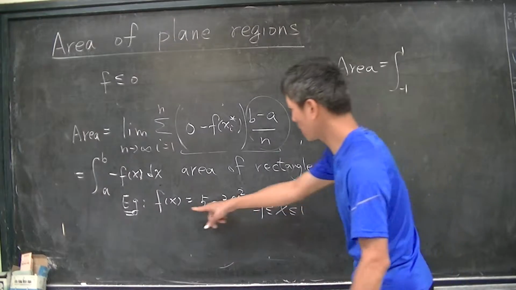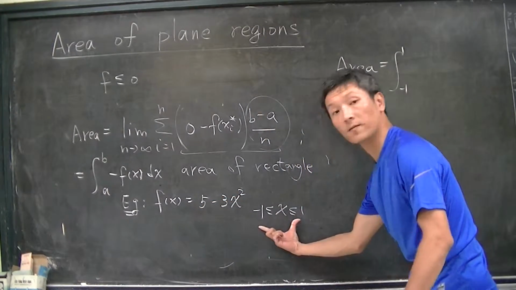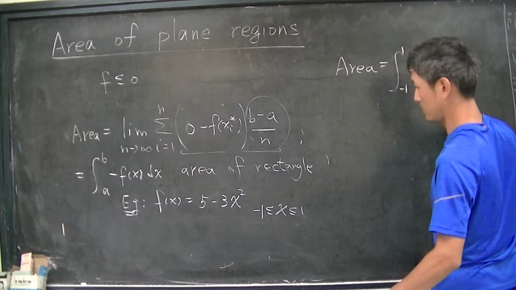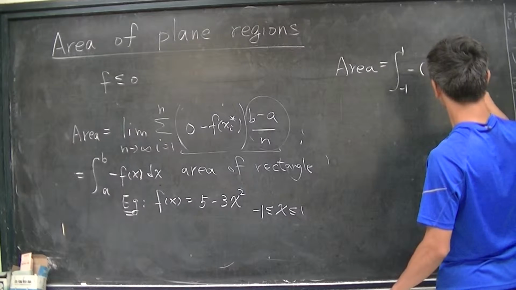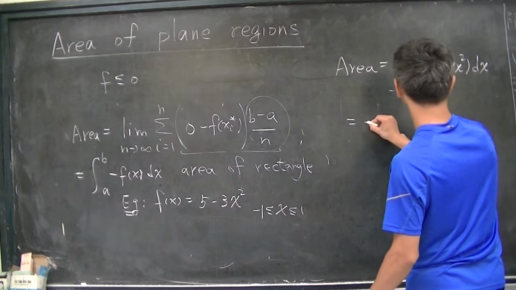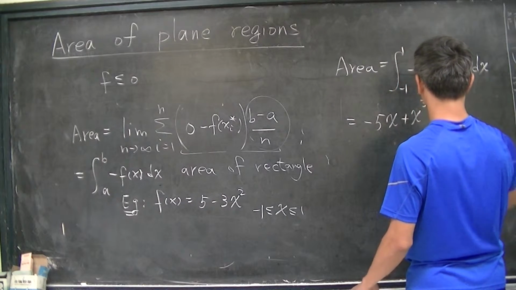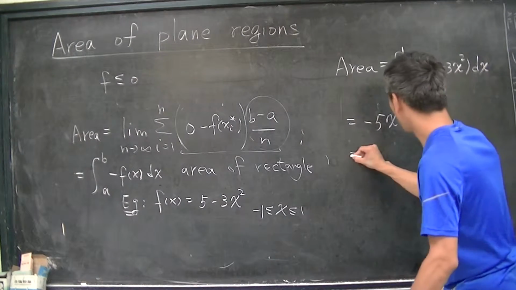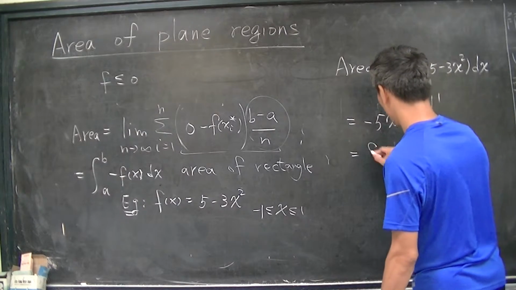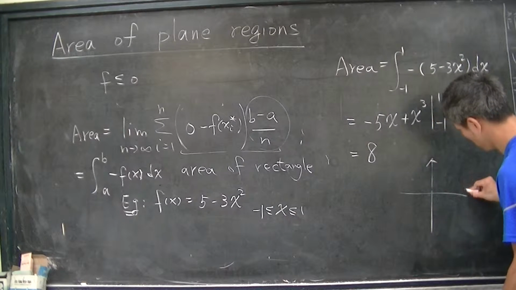Because f is negative on this interval, we need to integrate the negative of f. So the result is also 8, and the graph looks like this.